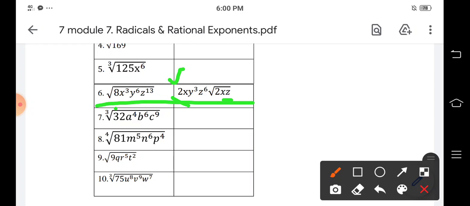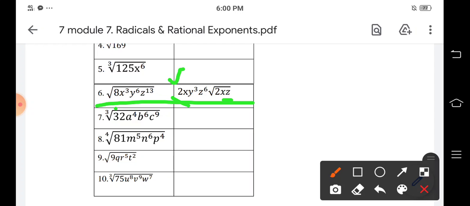Next, we divide the exponent of x, which is 3, by 2, our index. 3 divided by 2 is 1. The remainder is 1, so there is 1 x left, and we bring out x. How about y? The exponent of y is 6. If we divide 6 by 2, the answer is 3, so we get y cubed.